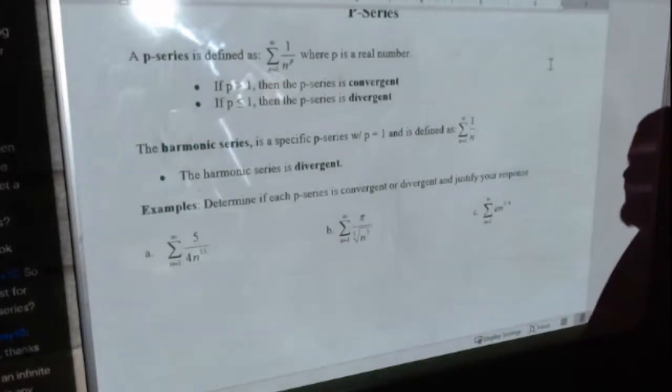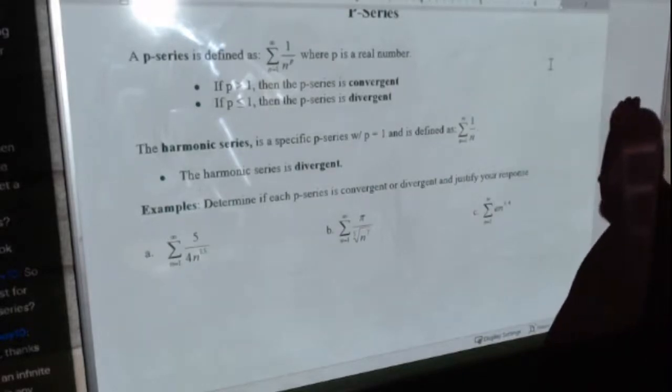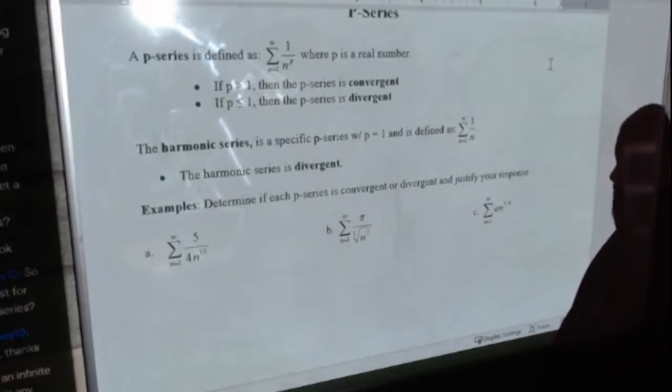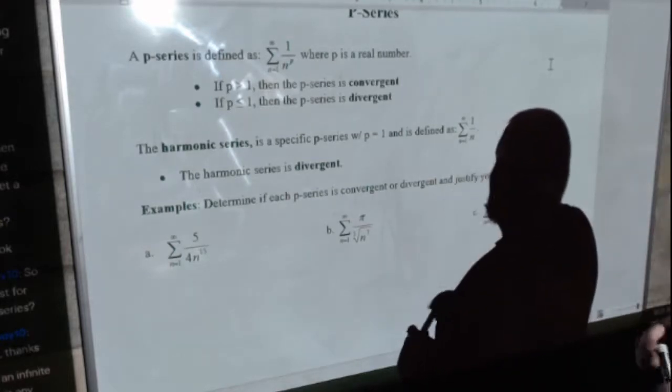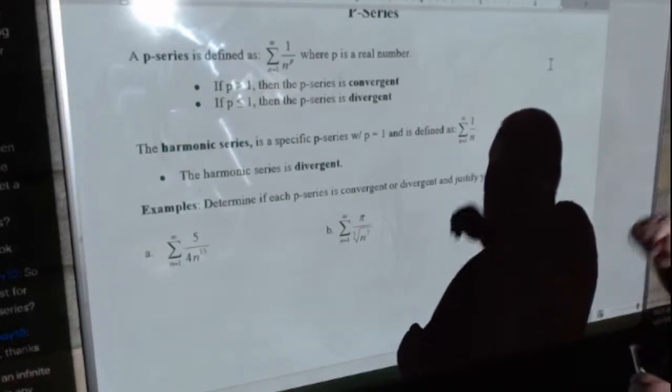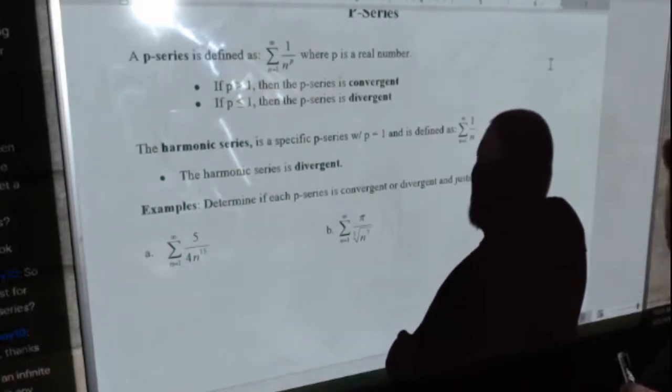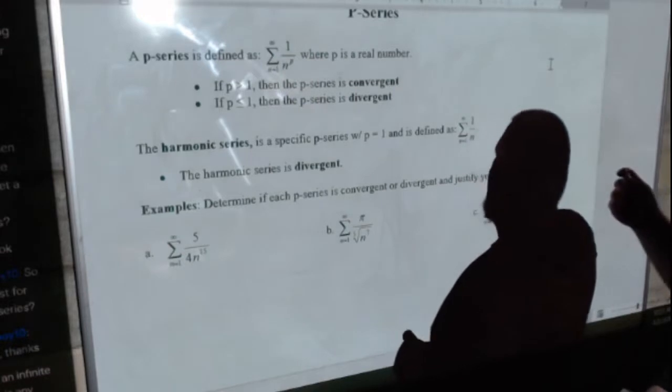Alright, so P series are fun. The only thing is I don't want you to confuse them with geometric. Remember, geometric was a times r to the n. The P series is 1 over n to a power.